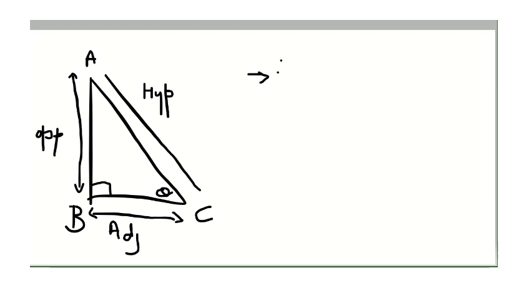So let us write this here. AB is opposite theta. That is the relationship between theta and side AB.